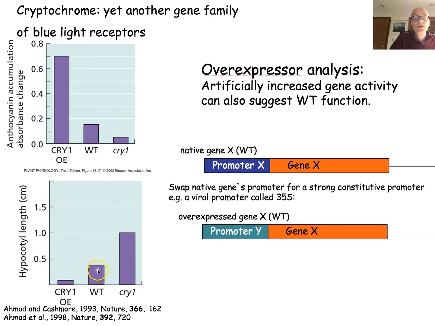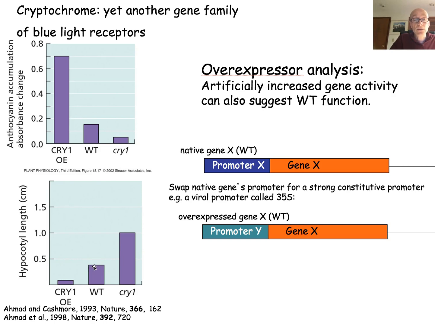So a wild type plant in these blue light conditions will, under the conditions that they were using in this example, grow to a hypocotyl of about this length. This isn't raw data. This doesn't have error bars or statistics shown on it. What this graph from your textbook is trying to show you is that type of technique where you're looking for a mutant to give you some idea of the function.